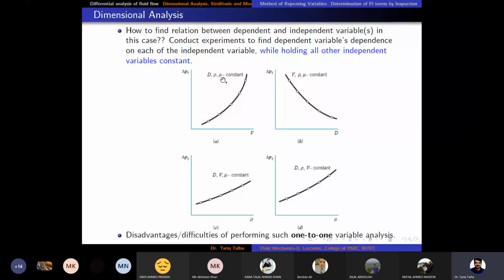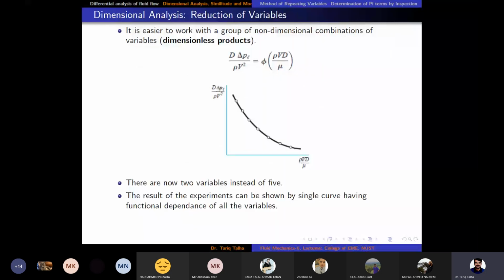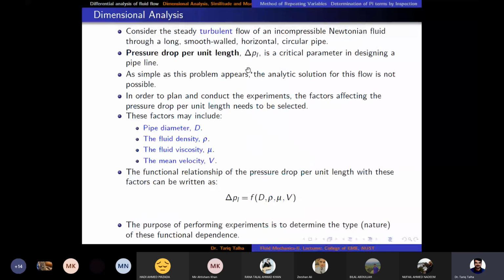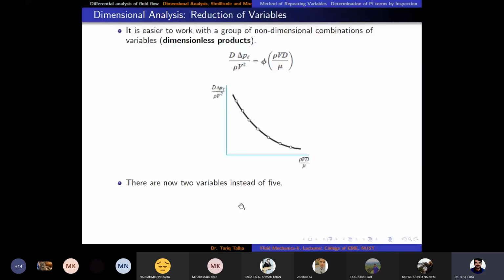So instead, what we do is make it non-dimensional. The functional form which is written here, we make it non-dimensional, like this formula. And you can readily see that rho V D upon mu is the Reynolds number.